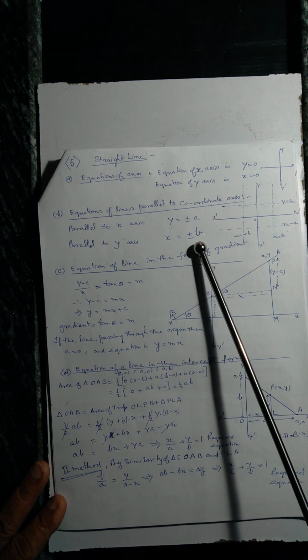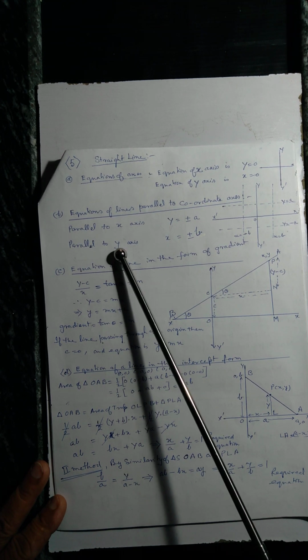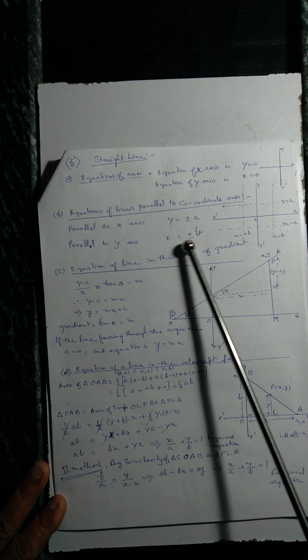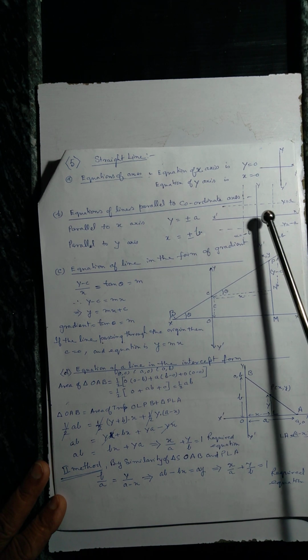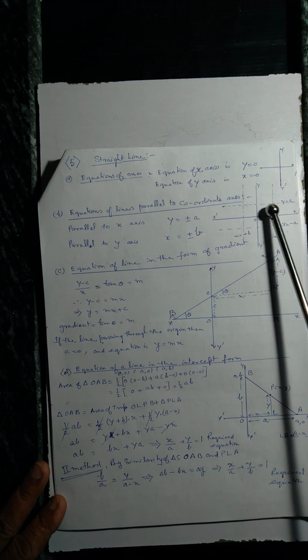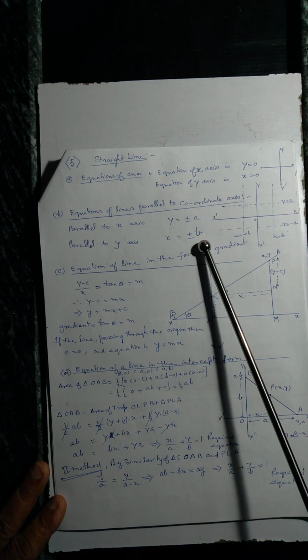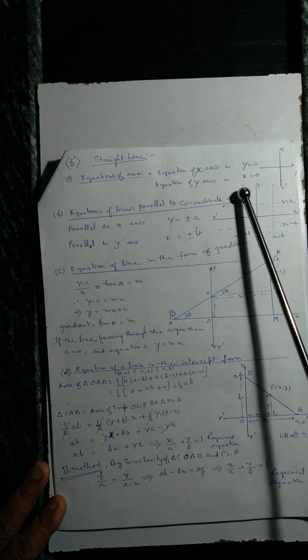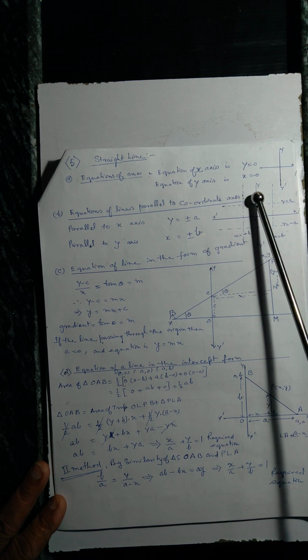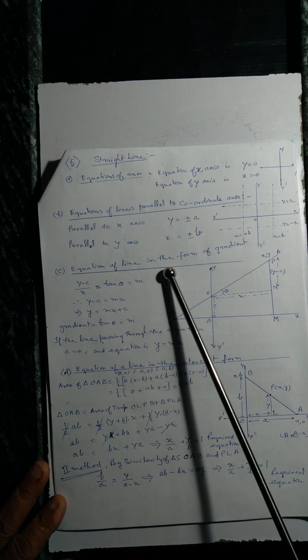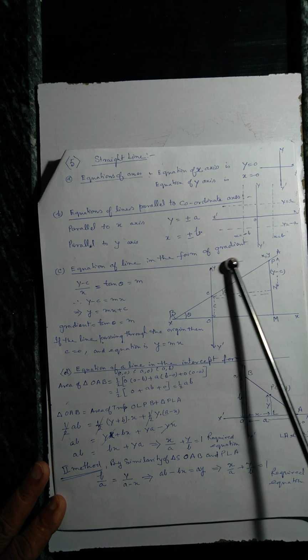When it is plus, suppose the parallel line to y-axis is x is equal to plus 5 or plus 7 or anything, then it will be the line passing from the right hand side of the y-axis. In case it is negative, the line will be parallel, but it will be on the left hand side of the y-axis.